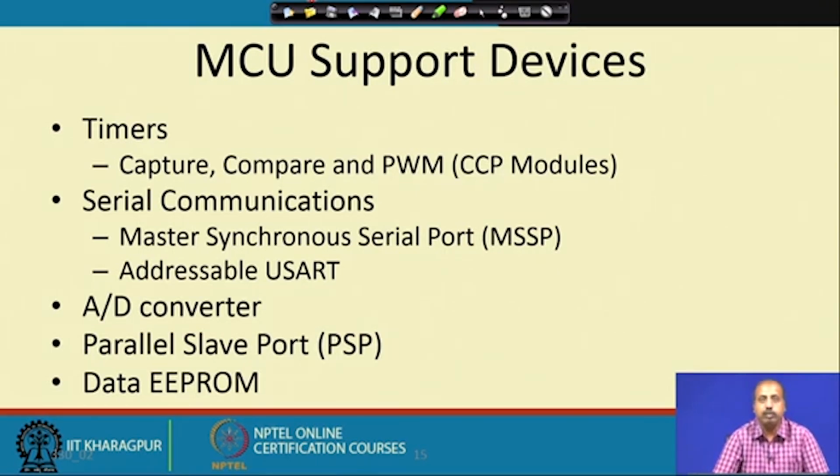Then there are serial communications, which are done by the master synchronous serial port MSSP, and we also have the USART. The MSSP is for synchronous communication, and the USART, the universal synchronous asynchronous receiver transmitter, is normally for asynchronous transmission. Then we can have AD converters, we can have parallel slave ports or PSPs, or we can have the data EEPROM.